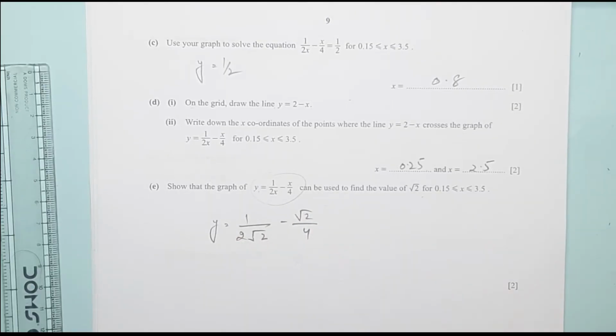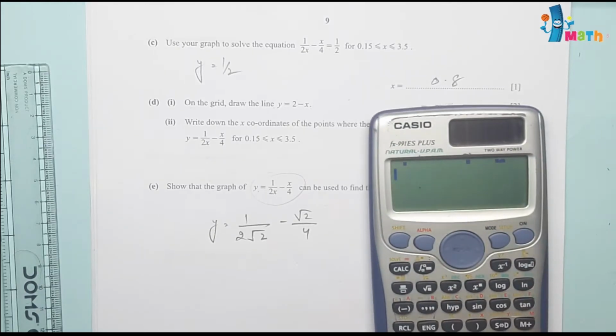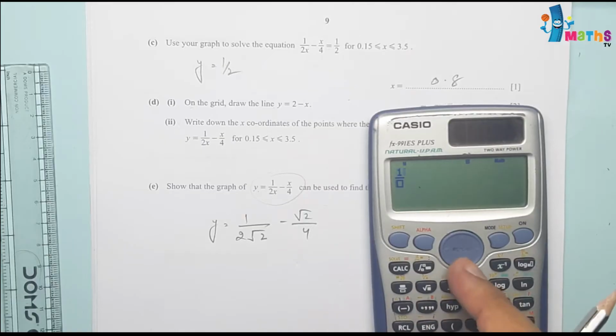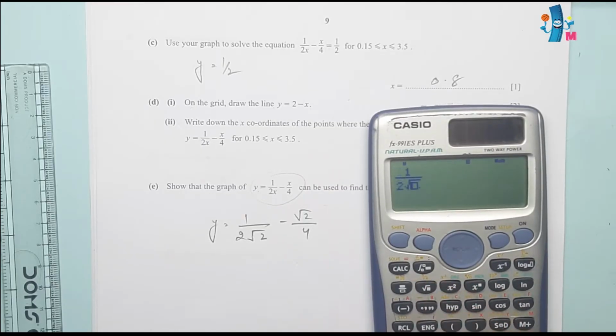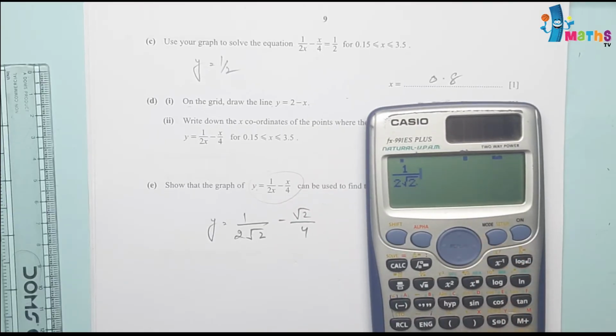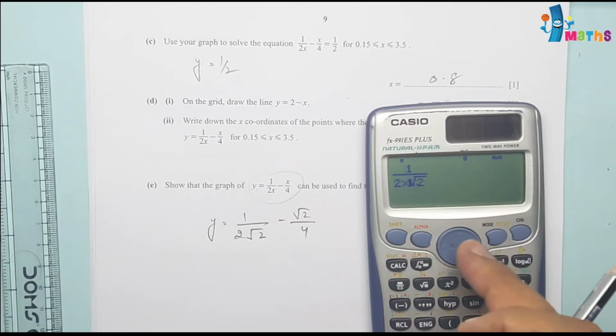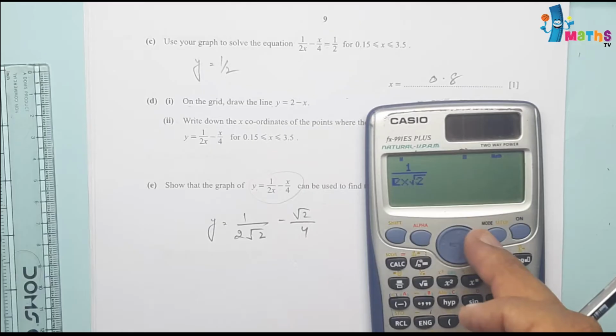If we replace in this one, we will check 1 over 2 root 2, and minus, basically we have to multiply here.